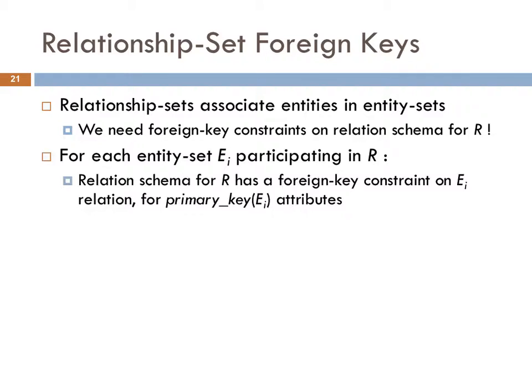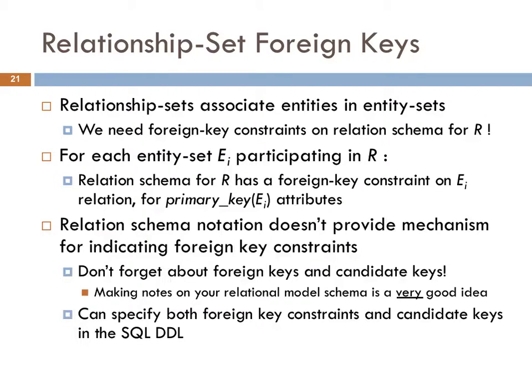So each entity set Ei participating in R's implementation schema has a foreign key to Ei's primary key attributes. Okay. Now, unfortunately, remember, I told you back in week whatever, when we were going through the first week of material, that the relational model doesn't have a way of indicating foreign keys. How irritating. So you'll have to make notes about this.